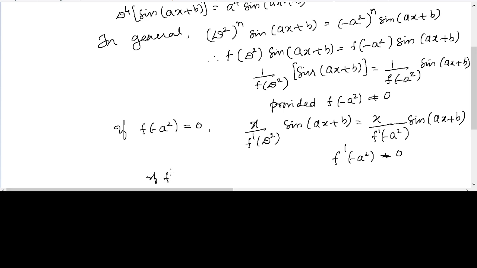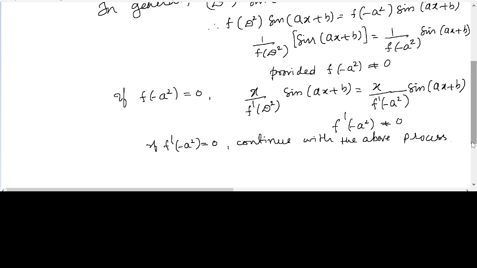If f dash of minus a square equal to 0, continue with the above process. Okay, so now after this we are going to discuss case 3. So let us continue with case 3.